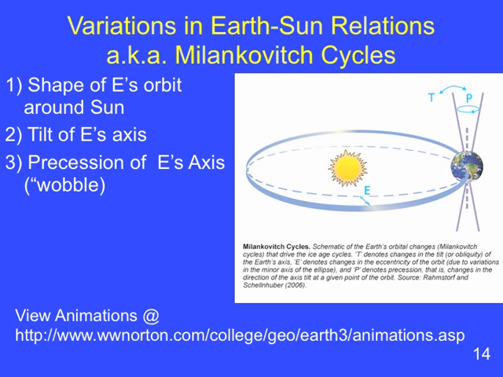So Milankovitch looked at these three components of our relationship to the sun and said, when all of these things line up at certain periods of time, you've got the 100,000 year cycle, the 41,000 year cycle, and the 26,000 year cycle. Occasionally, they all add up together to diminish the amount of incoming sunlight.